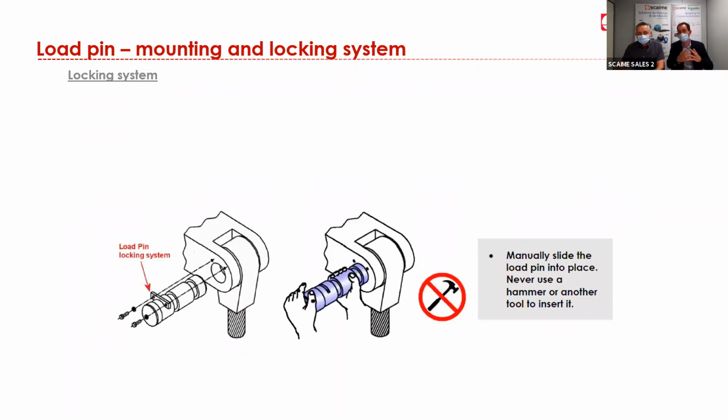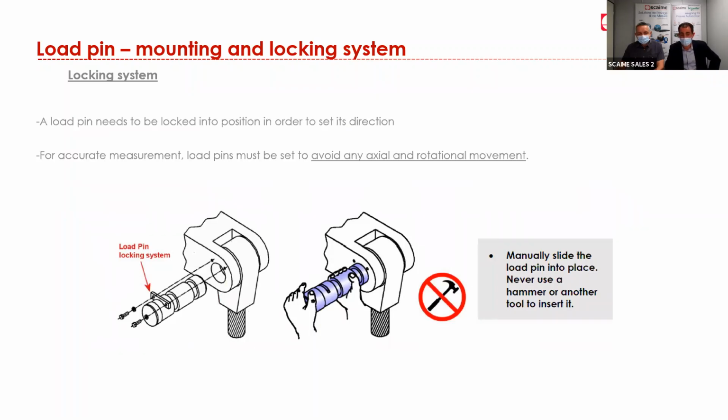Now a few words about the mounting of load pins, because this is a very important point to ensure a good accuracy of measurement. At first, the load pin should be locked in its position, because a load pin is mainly designed to measure the force in only one direction.